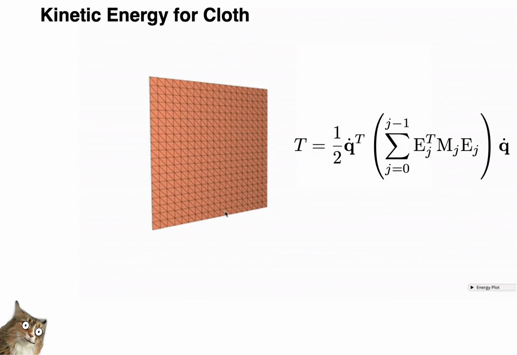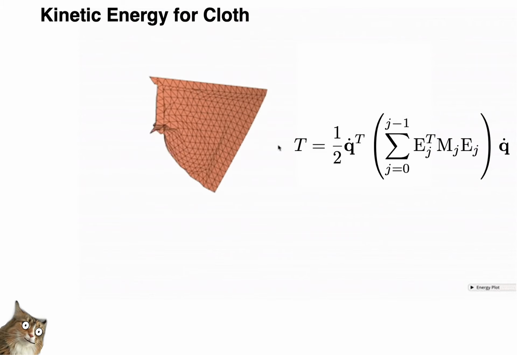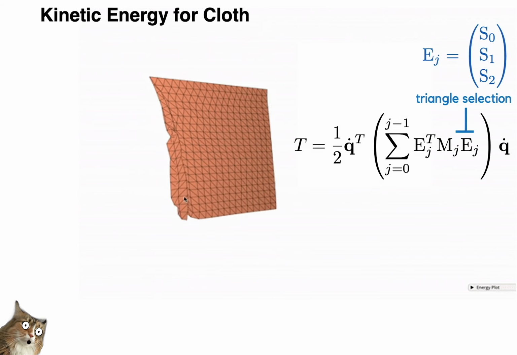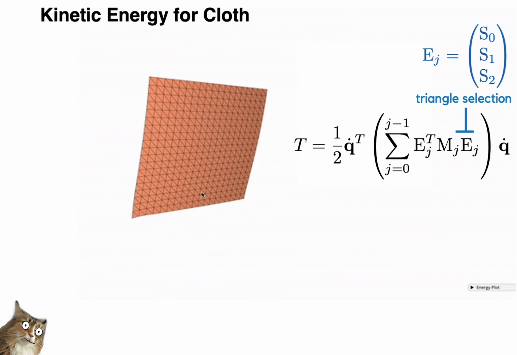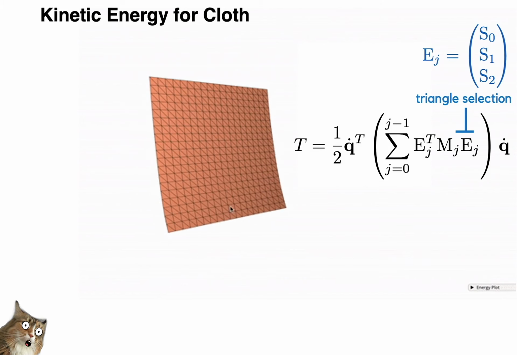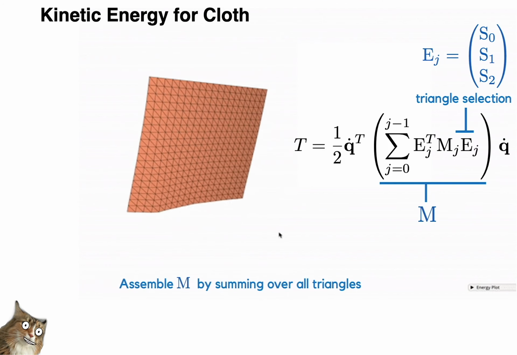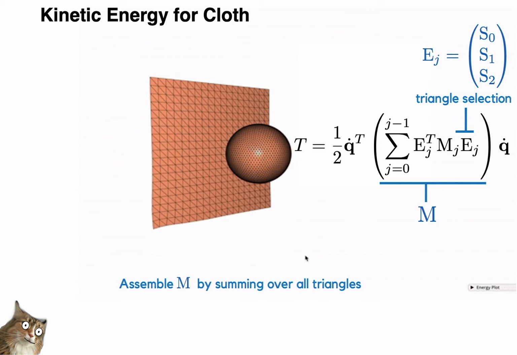And we will formulate the cloth kinetic energy as a sum of per-triangle kinetic energies, where we use element selection matrices to connect our global generalized coordinate to our per-element computation. This gives us our cloth mass matrix M, and M can be constructed via assembly, very much as it was for tetrahedral finite element methods.